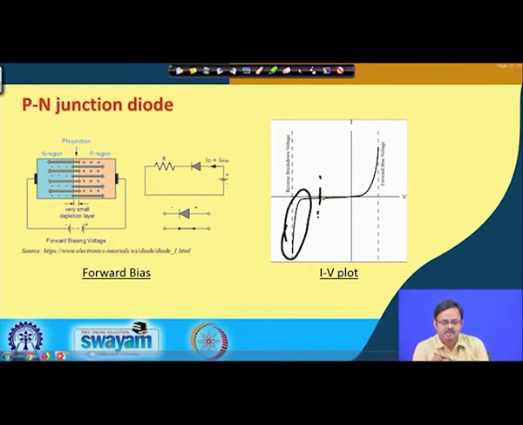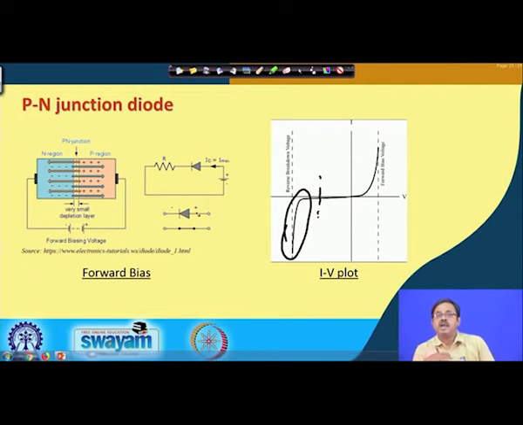Okay. So that is a diode. A diode is often denoted by this symbol over here. What it means is that it allows current to flow in one direction but not in the reverse direction. It's like a mechanical valve.